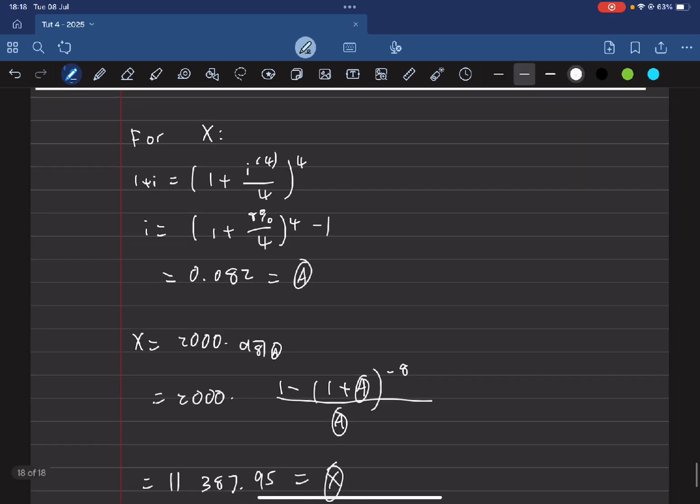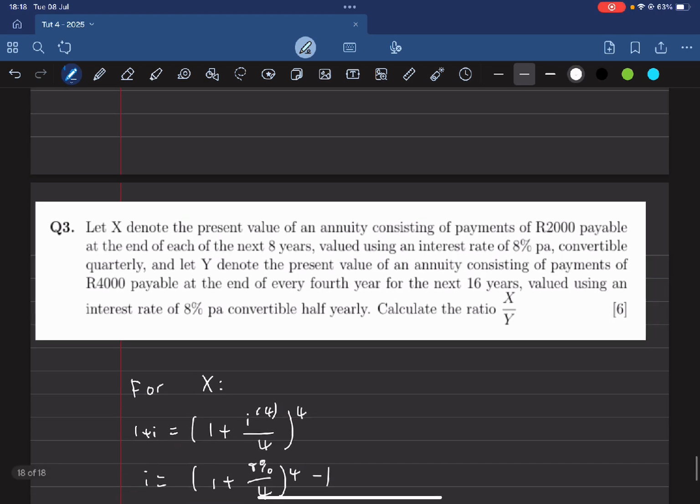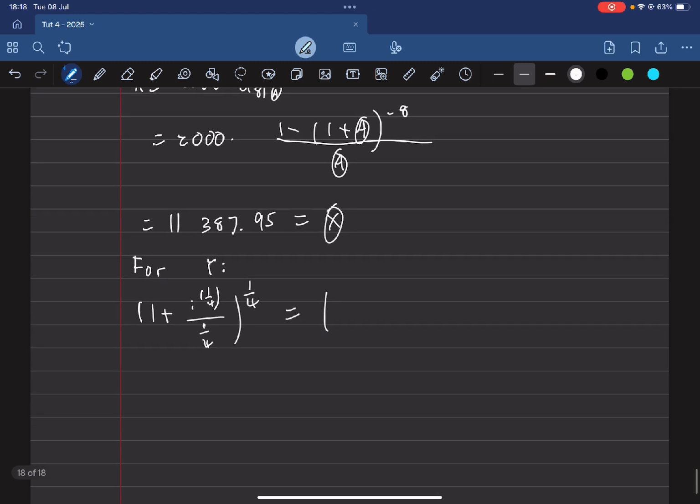So what I'm going to do is say 1 plus i(1/4) over 1/4, to the power of 1/4, is going to be equal to, and we're given the interest rate every half year, 1 plus i(2) over 2, to the power of 2.